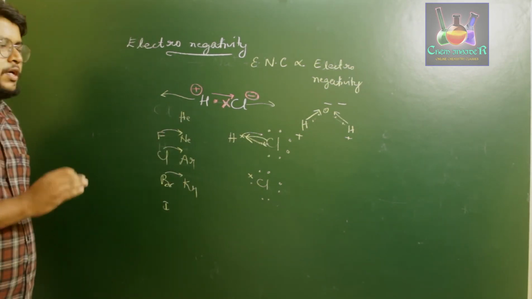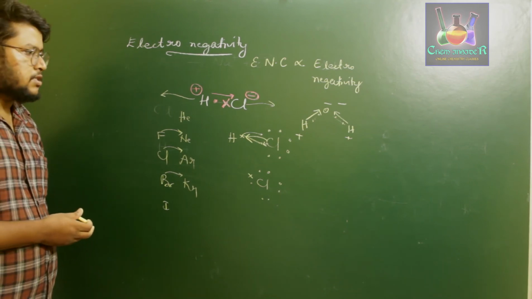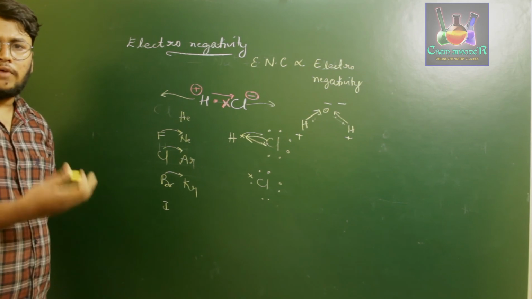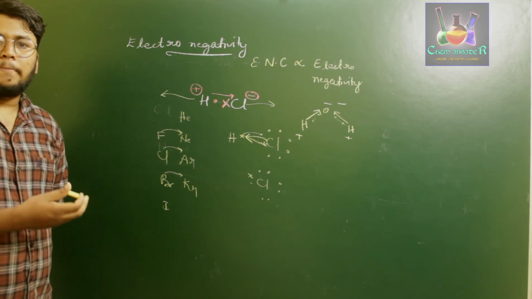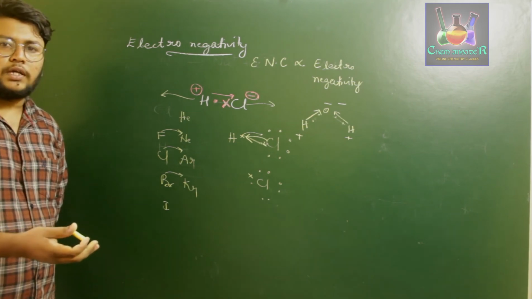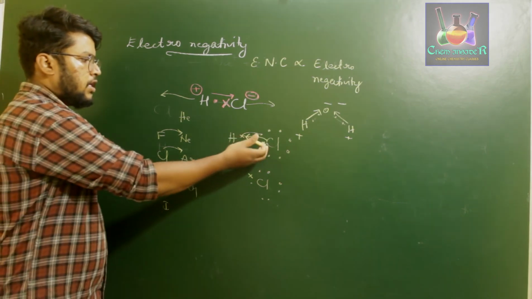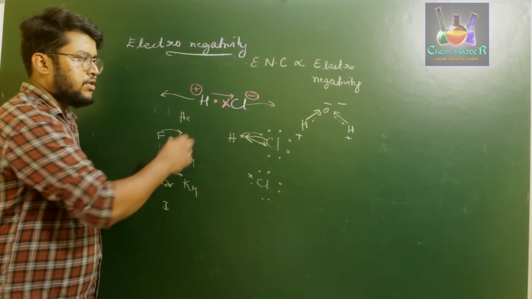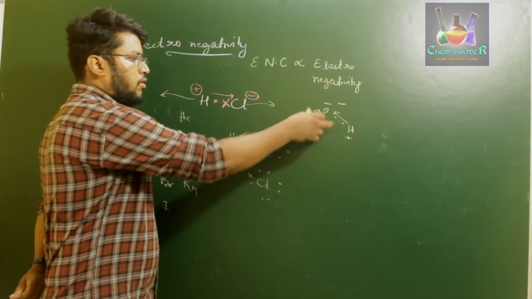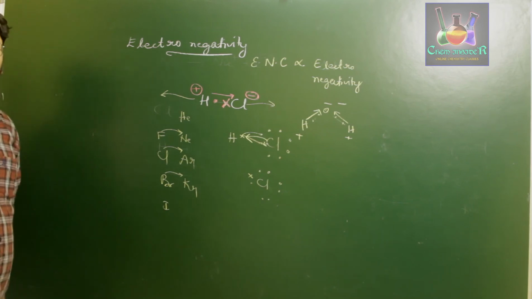So the halogens or the chalcogens, which we have discussed in the earlier classes, have a very high effective nuclear charge. That effective nuclear charge might pull the electron of the other atom bonded to them. For example, in case of HCl, the chlorine effective nuclear charge might pull the electrons of hydrogen. In case of H2O, the effective nuclear charge of oxygen might pull the electrons of hydrogen.